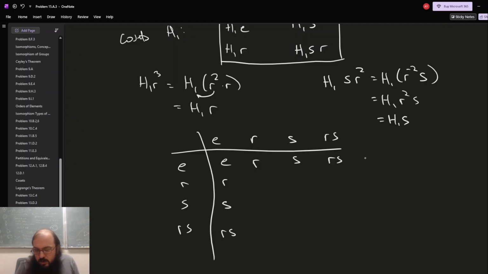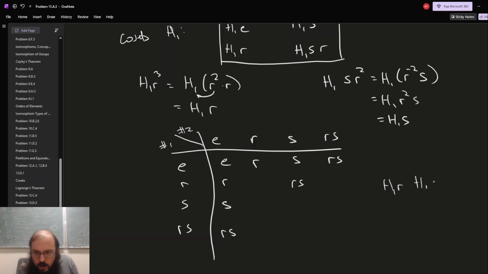First we put anything times E as itself. On the other hand, to fill out the rest of the table, we know some stuff. Like for example, let's use left to right notation so that the entry in this slot means R times S. Well, if I do that, then R times S is of course just RS.